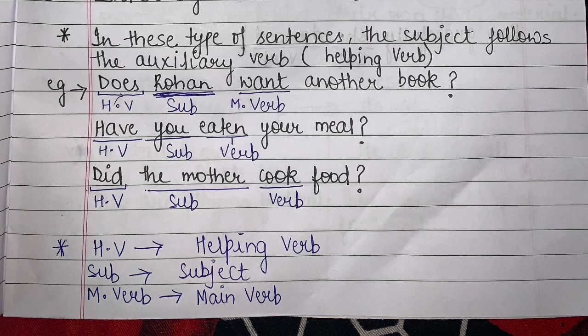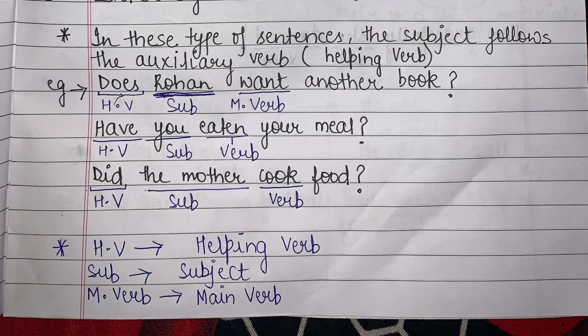So here, what is my helping verb? Can you see? My question starts from "Have you eaten your meal?" So here, have is my helping verb. Students, if I talk about this sentence in affirmative form, it would be "You have eaten your meal." But since it's an interrogative sentence, I need to change the position of my subject, right?